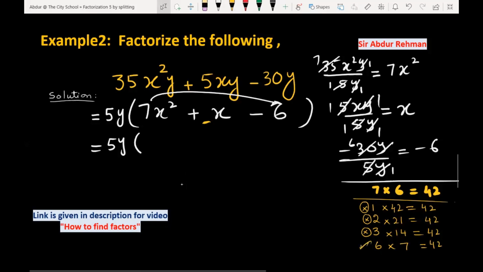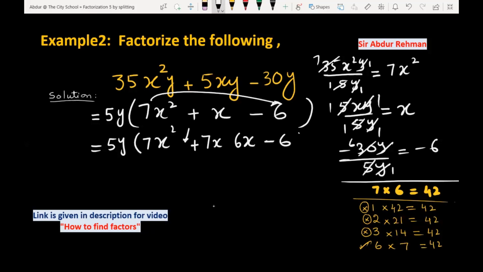So 7x square, copy 7x square, copy this plus sign, and write down the larger factor 7x, and the smaller one 6x and minus 6.